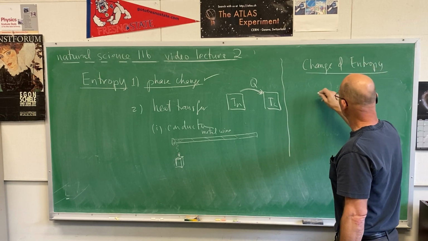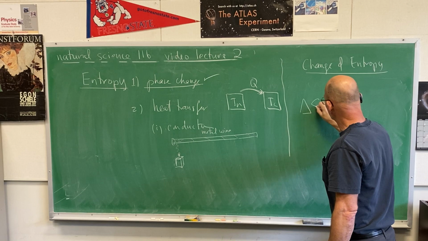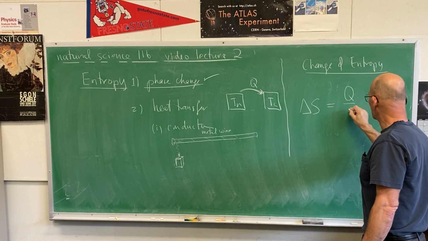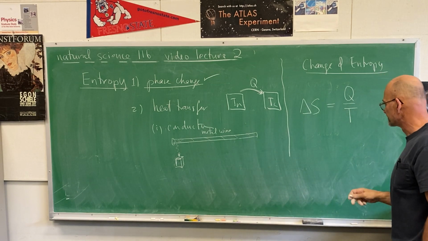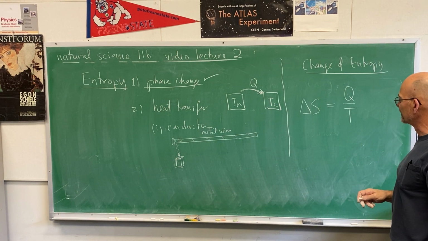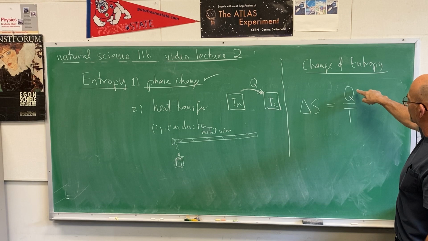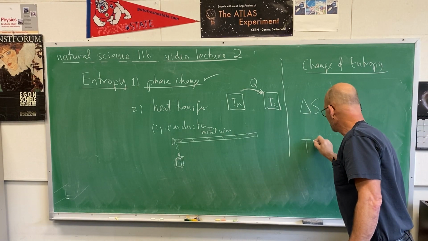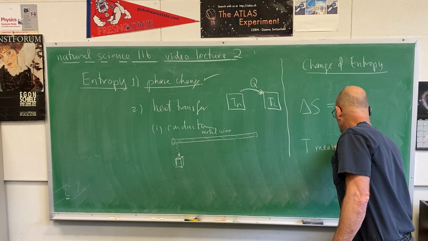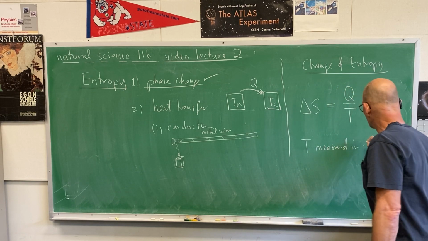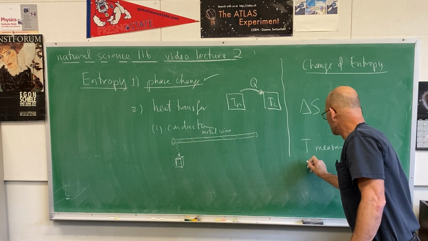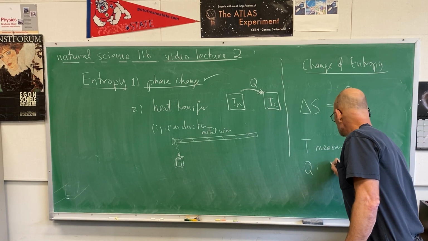The change of entropy, we're going to call it delta S, is equal to Q over T. That's a strange expression here. It is units of joules per Kelvin because T is measured in Kelvin. Q, joules, of course.